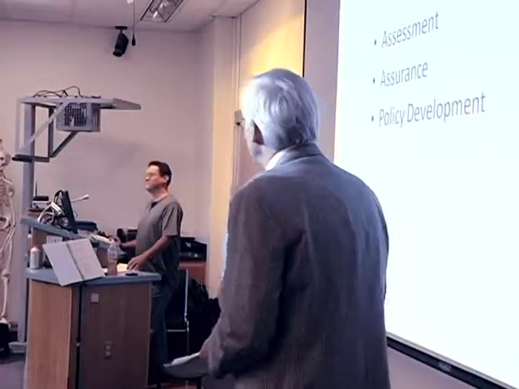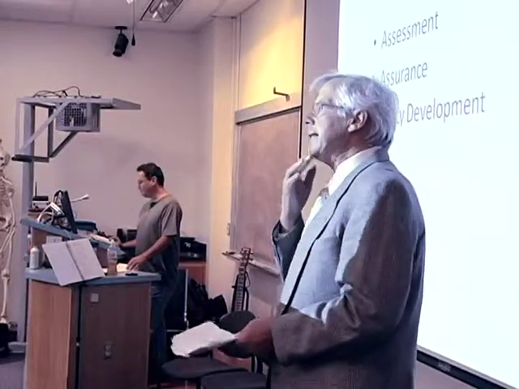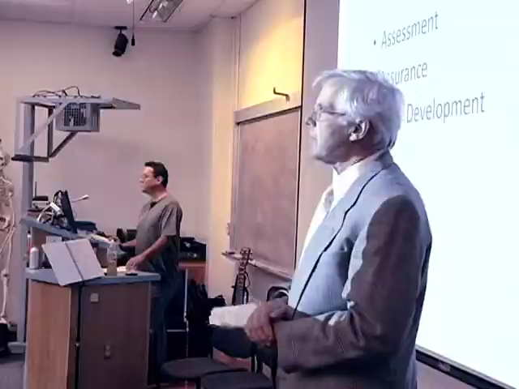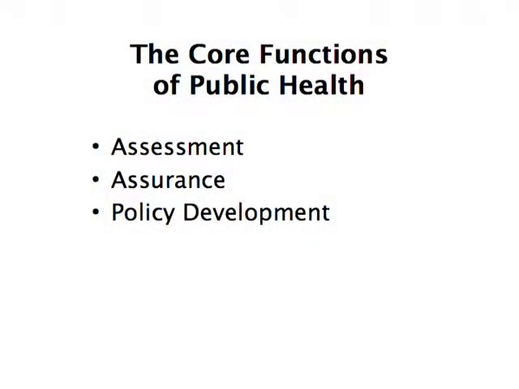And that was based on the wide diversity and inconsistencies across multiple state and local health departments, and a lack of connection between federal initiatives and programs, state programs, and then all the things that were outside of that system. And so the same group of people convened, and over the next few years determined, after a lot of research, that there were three core functions, of which assessment, assurance, policy development.